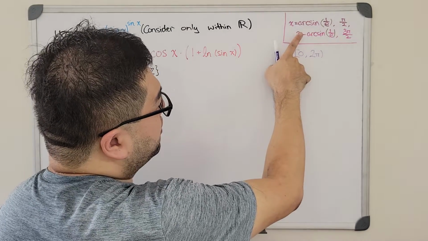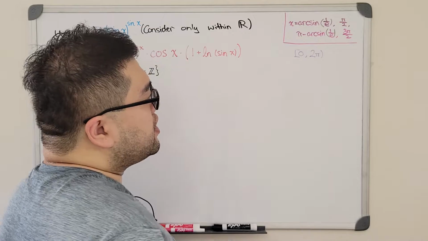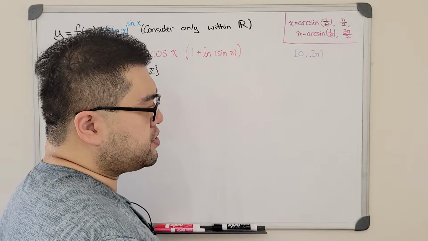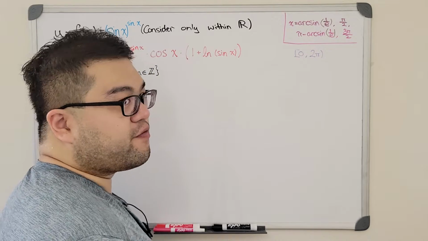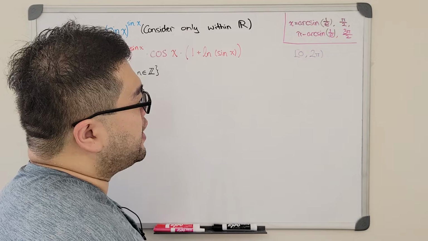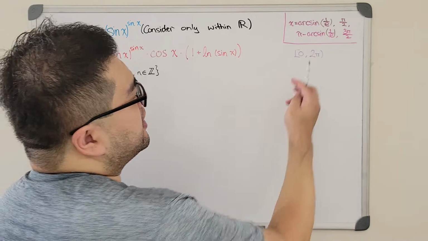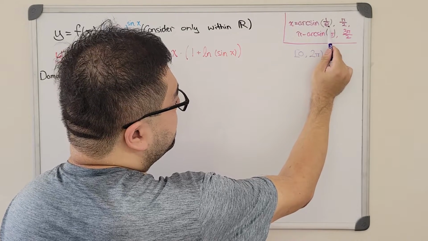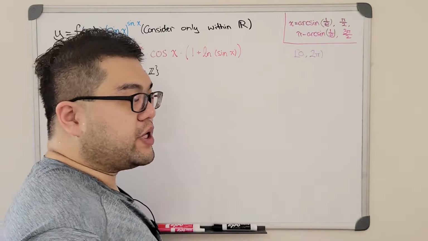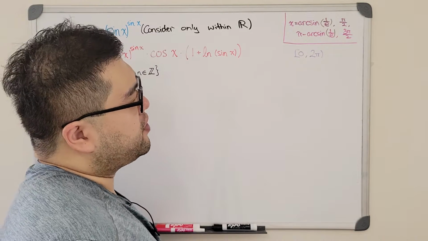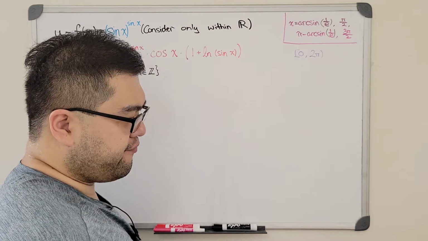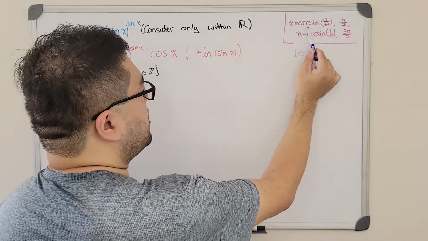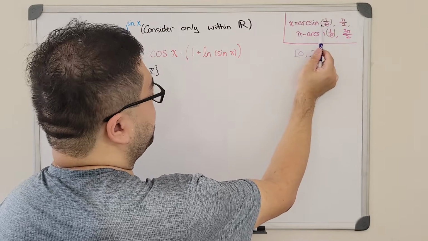So if we go back up here, by definition, the sine inverse function has the output, or the range, from negative pi over 2 to positive pi over 2, and if the value inside of the inverse sine function is positive, then the output that we get for the inverse function will also be positive, meaning that in this case we will have a value between 0 and pi over 2, and it is a positive value.